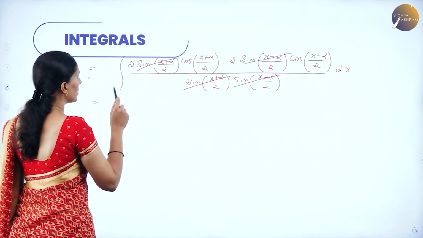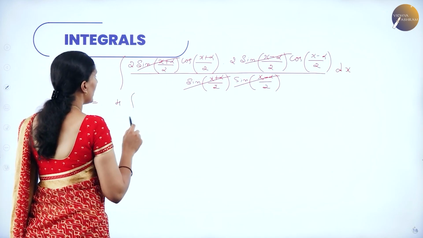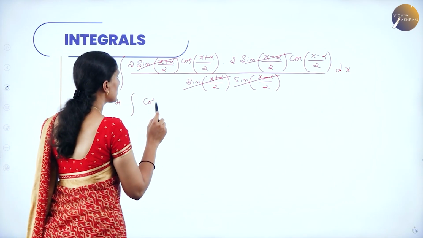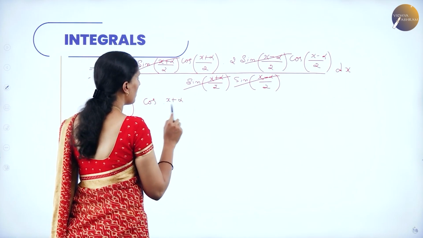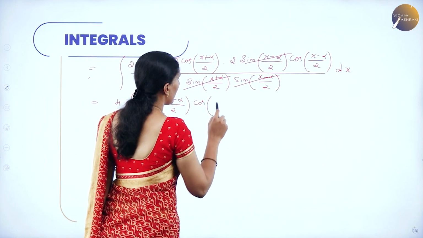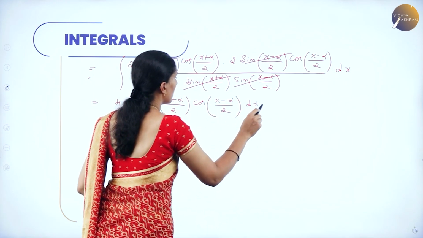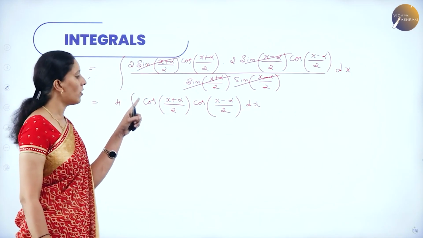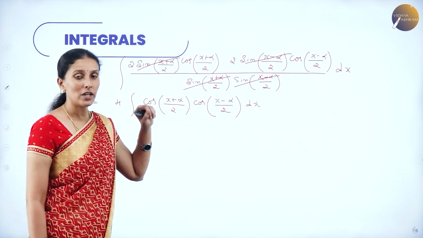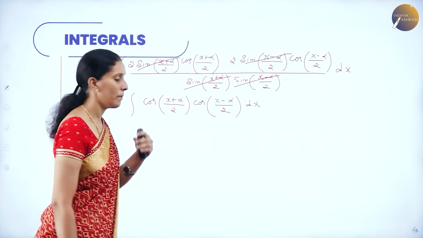So we are left with 2 2s are 4. We can take it outside. 4 integration of cos (x plus alpha) by 2 and cos (x minus alpha) by 2 into dx. Now again this is in the form of cos A cos B. Cos A cos B can be written as half of cos (A plus B) plus cos (A minus B).